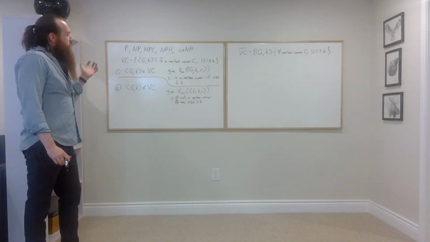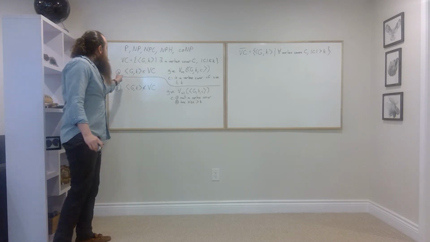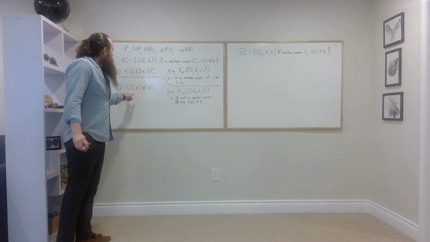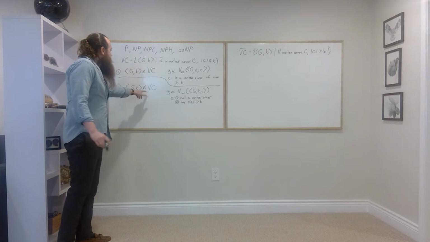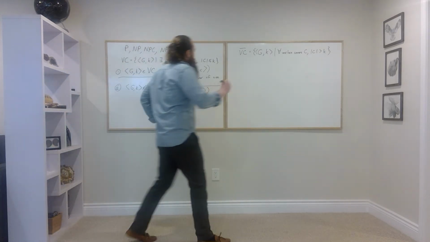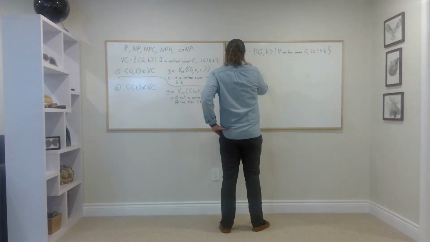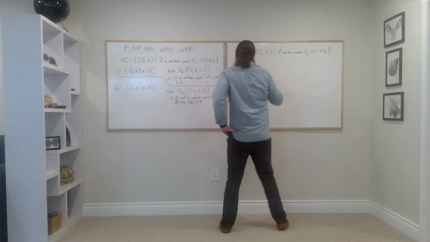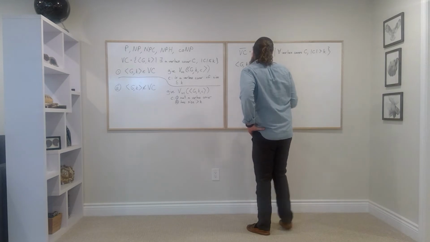So now let's consider the flip of this. Let's consider an instance where GK isn't in VC complement. So I give you a graph and a K, and consider the case where it's not an element of VC complement.